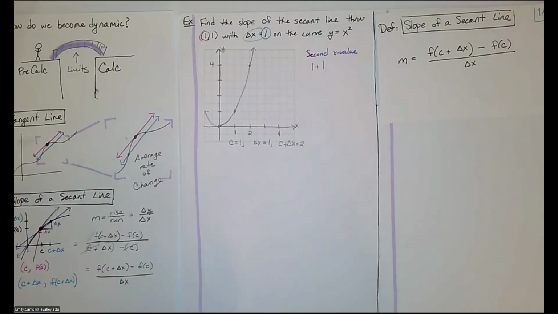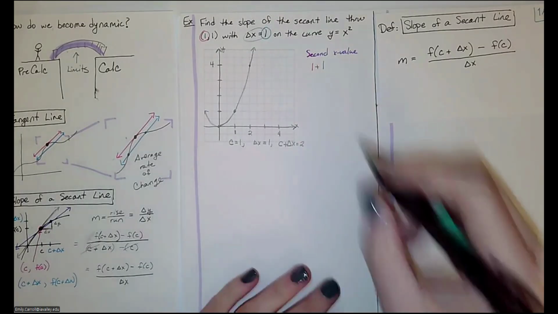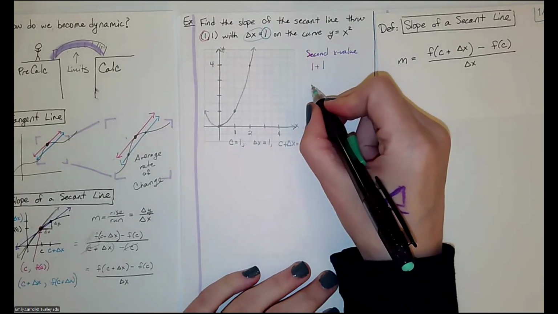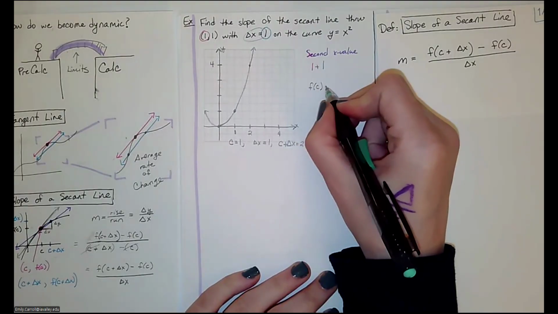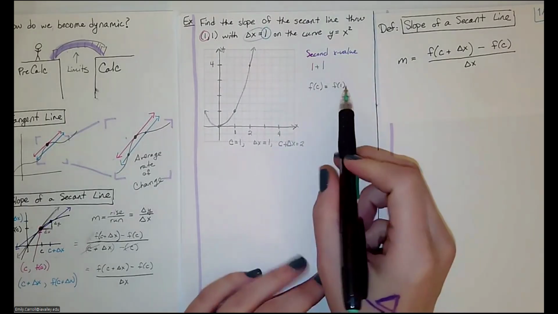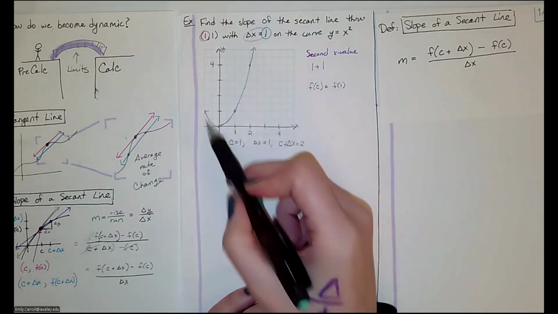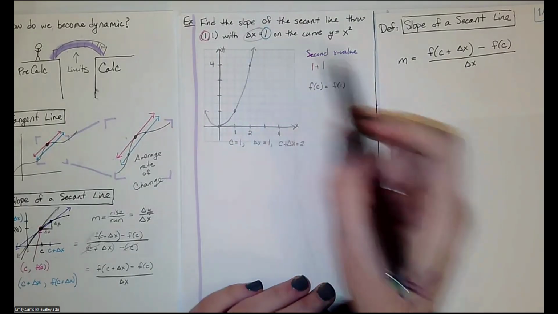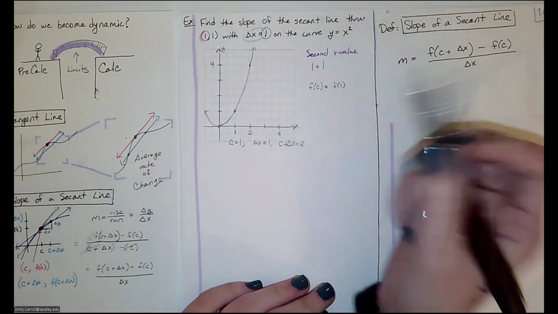Right? The second y value, we're just going to follow the formula. Delta x is 1. All right, so f of c in this case is f of 1, so evaluating y equals x squared where x equals 1, that's 1.